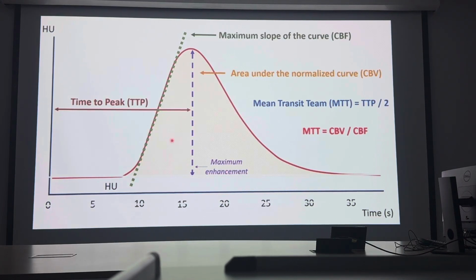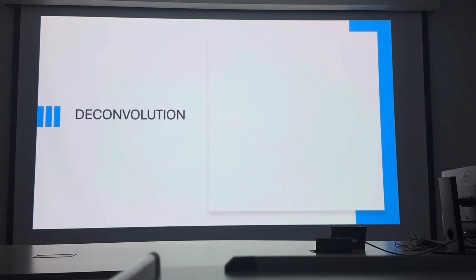Here we have to add one important marker of time, which is time to peak, which is how much time is needed from the zero point to reach the maximum enhancement of the cell in the pixel under evaluation. All the time parameters, whatever the name of the parameter, are increasingly abnormal during the phases of hypoperfusion: benign oligemia, penumbra, and infarction.